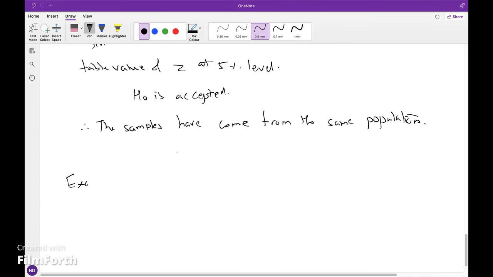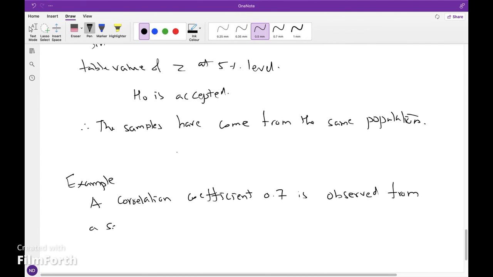Another example: a correlation coefficient of 0.7 is observed from a sample of 28 pairs of observations.